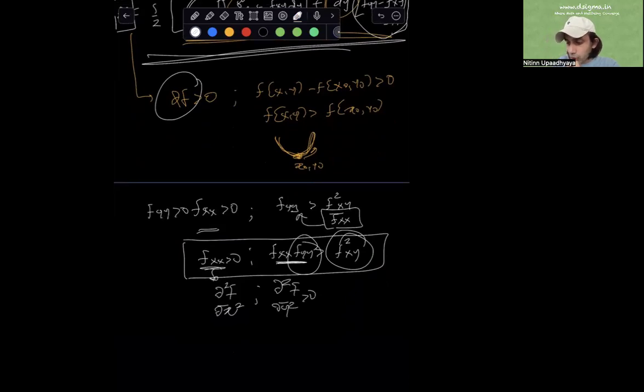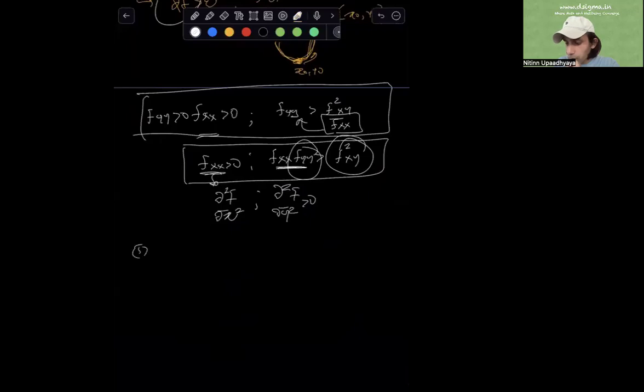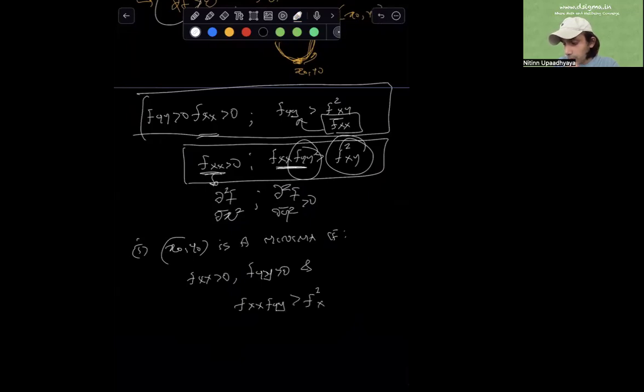So I can add this condition here, and these together constitute the first set of conditions for us to find a minima. So I'll write this down here. x naught, y naught is a minima if fxx is positive, fyy is positive, and fxx fyy is greater than fxy squared.